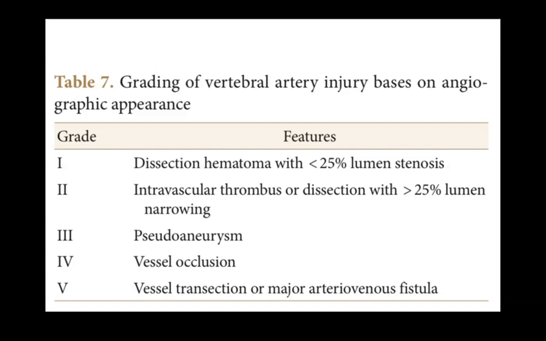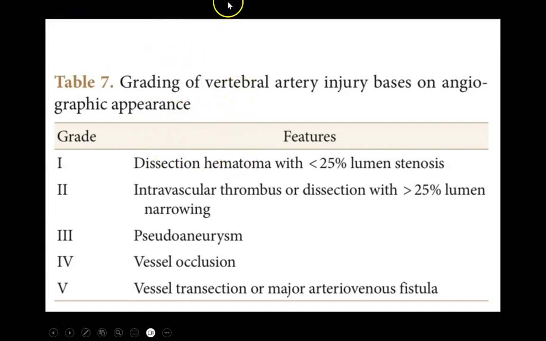So the grading is very logical. If you have a dissecting aneurysm, this is very serious, and it can cause a dissecting hematoma. What is dissection? Injury to the intima, so that you will find a space between the intima and media where the blood can go and form a thrombus.